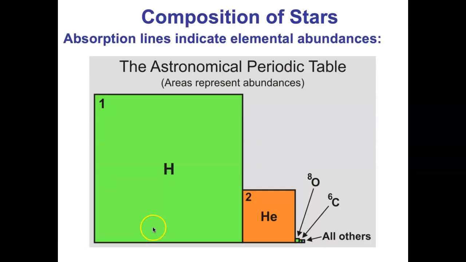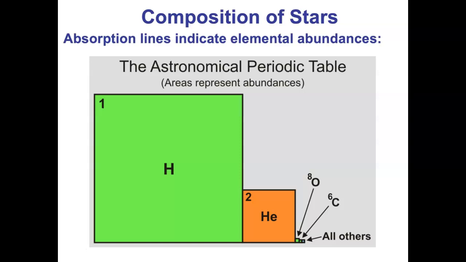In astronomy, we don't talk about the chemical elements the same way they do in a chemistry class. In astronomy, there are basically 3 elements in the periodic table. There's hydrogen, there's helium, and then there's all the other stuff. Because every other element in the periodic table, from lithium all the way down to uranium, is in a minor abundance.